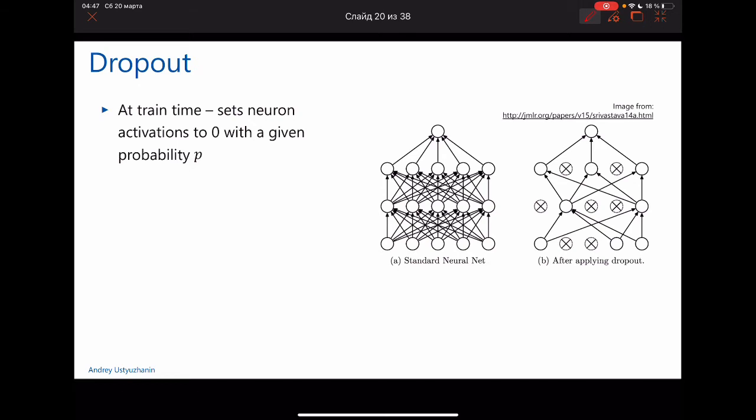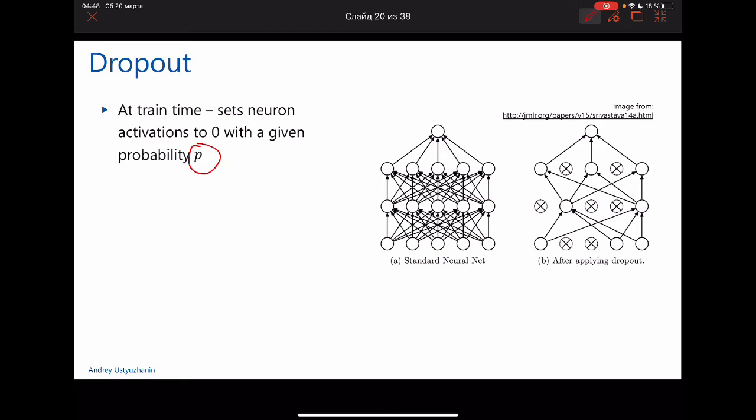If we try to remove some of those connections during the training, we will prevent the appearance of some unwanted configurations that affect the performance, like we saw in the previous slide. This method is called dropout. Essentially, it depends on a single parameter, which is the probability of turning the activation of a certain neuron into zero.